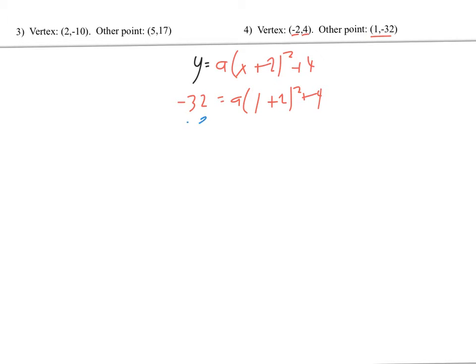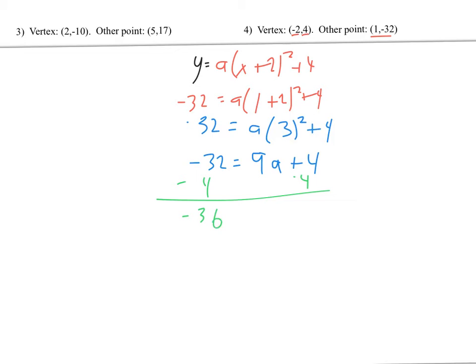All right, and then we put -32 in there, a times, and then we'll do the PEMDAS here, so 1 plus 2 is 3, and then 3 squared is 9, so I'm going to call this 9a plus 4 equals -32. We'll now subtract the 4 over, so -36 equals 9a, and then divide that by 9, so a equals -4.